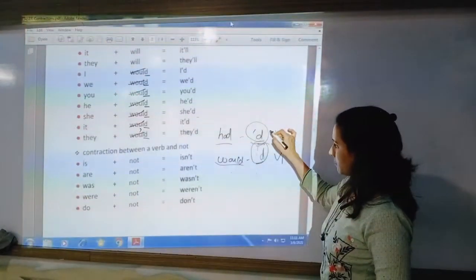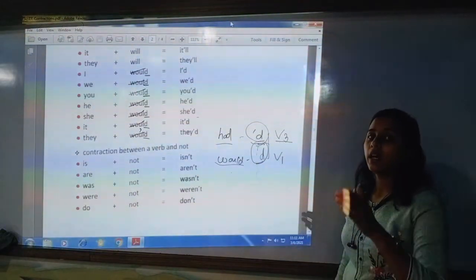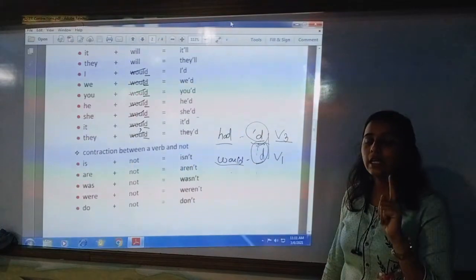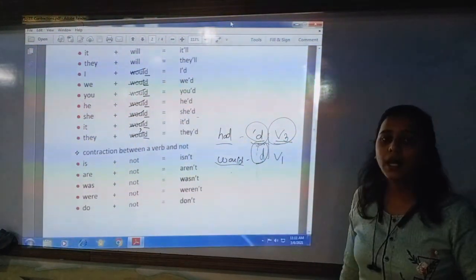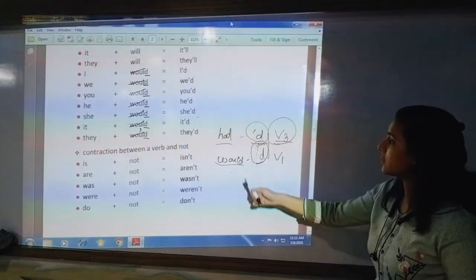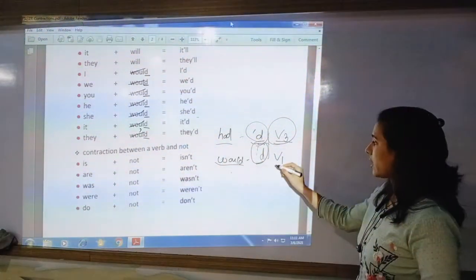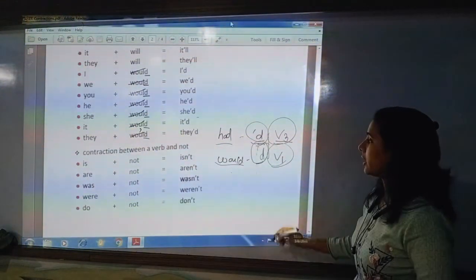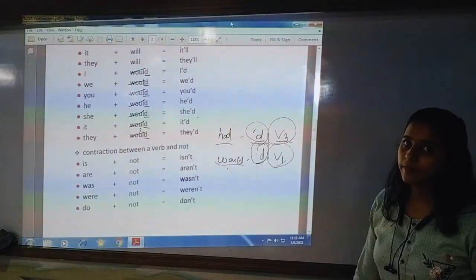So how will we understand the difference between apostrophe D, whether it is for had or would? By understanding the verb form. If the past participle form is given, that means the apostrophe D is for had, and if the first form of verb is given, that means apostrophe D is for would.